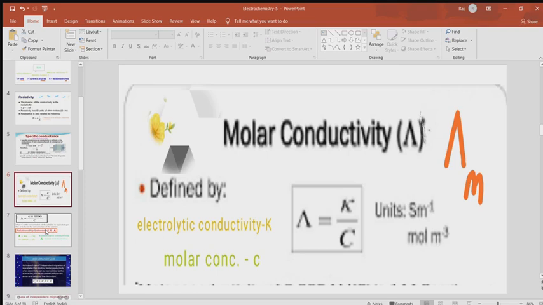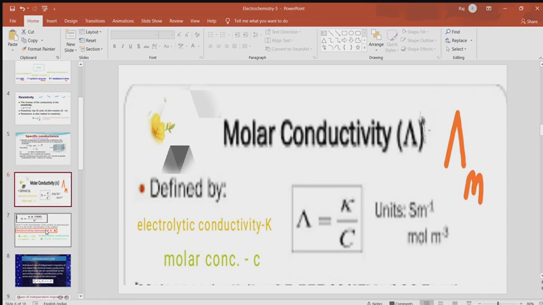Now, electrolytic conductivity is not suitable for different solutions because different solutions may have different concentrations and hence contain different numbers of ions.